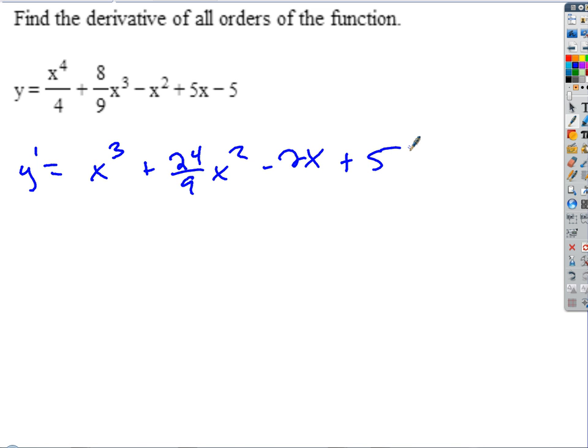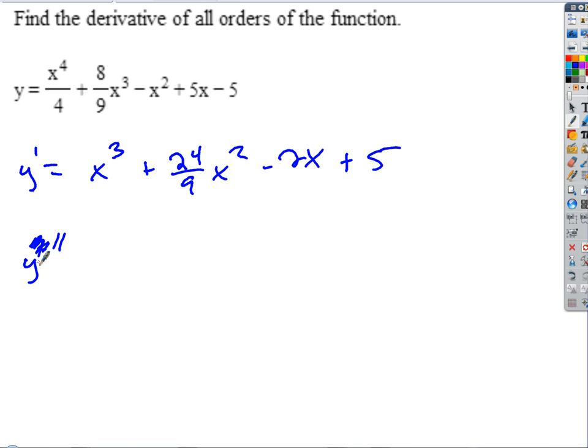What if I were to take a second derivative? We'll talk more about what these mean later, but for now, just in terms of actually executing the calculus, the second derivative is just a derivative of the first derivative. I don't write it that way, I write it like this: y prime prime, or f double prime of x.